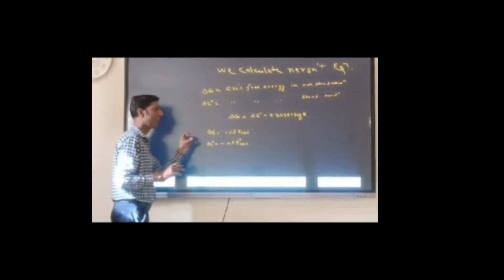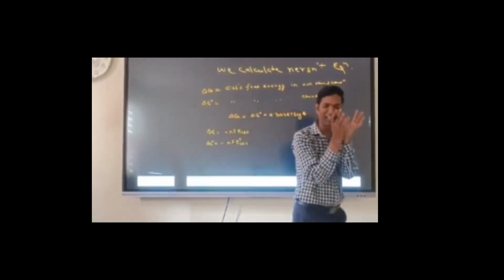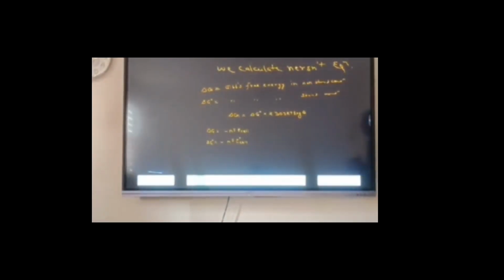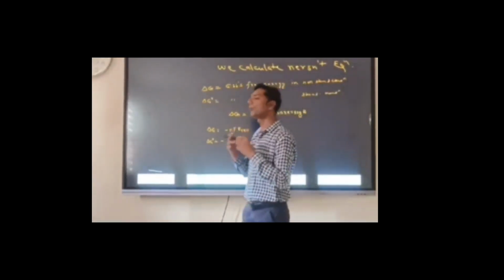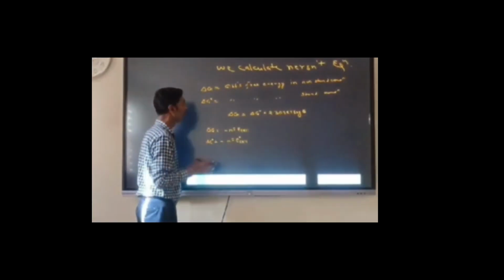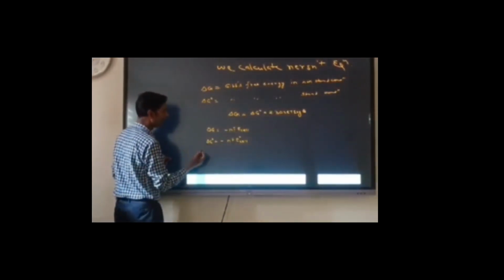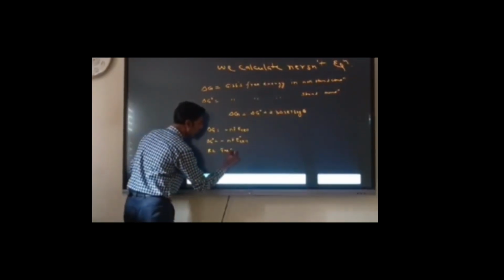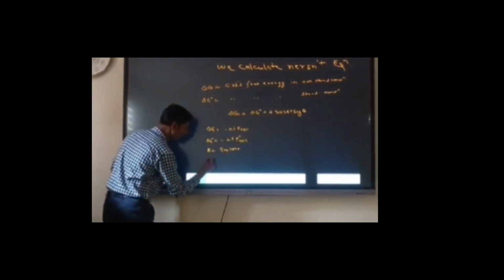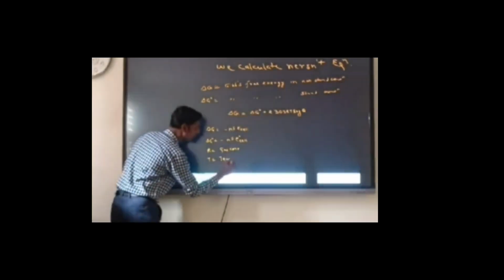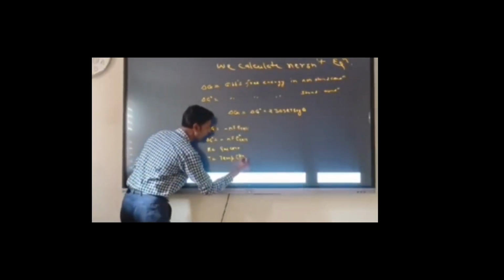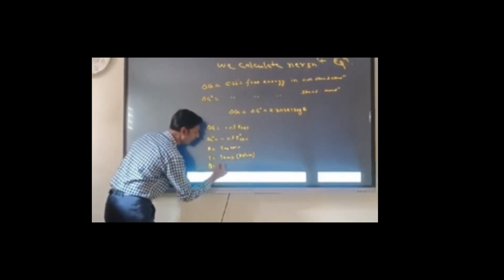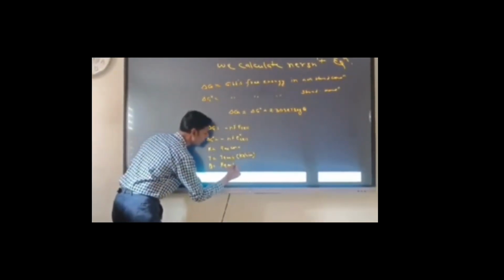So del G naught is the Gibbs free energy in standard conditions, and del G is the Gibbs free energy in non-standard conditions. R is the gas constant, T is temperature in Kelvin, and Q is the reaction quotient. Any doubt till here?